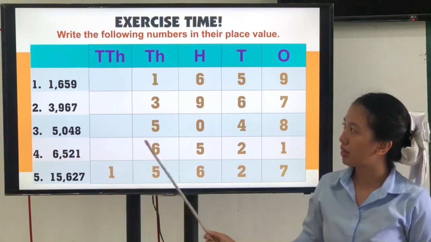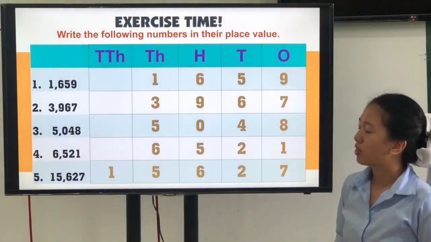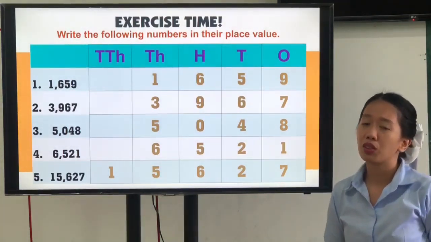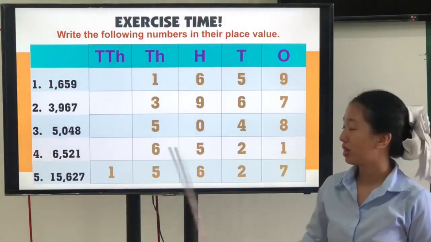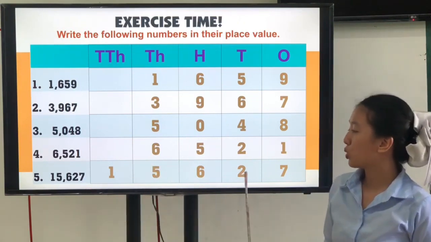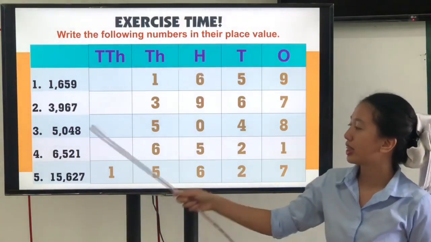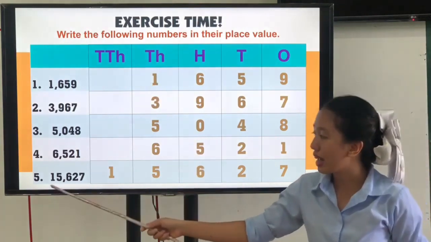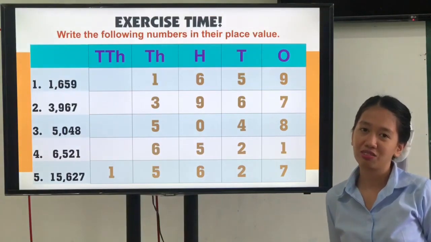And 6 will be our thousands. Number 5, 15,627. What is the place value for our ones? We have 7. How about our tens? 2. 6 will be our hundreds. 5 will be our thousands. And 1 will be our 10,000.